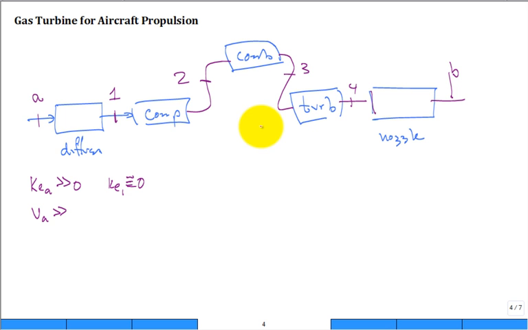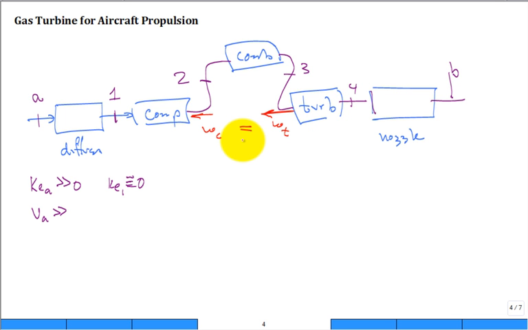So what does the turbine put out? There is a shaft out of the turbine for mechanical power, but it only puts out enough to run the compressor. So this is the key.